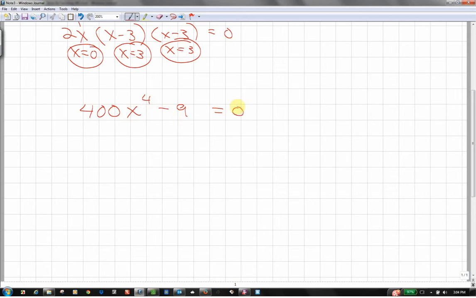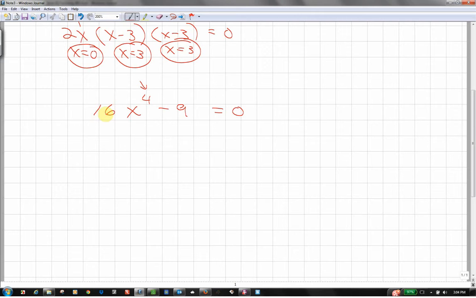Okay, here's a problem. Now notice it doesn't have a lot of terms, but it kind of looks like a difference of squares, and it is. The only difference is it has a fourth power term. So when I factor it, its terms are going to have squares. So what I would do is let me change that.